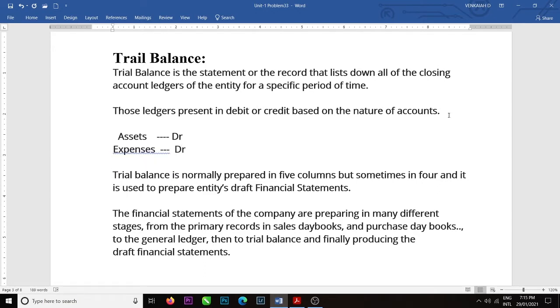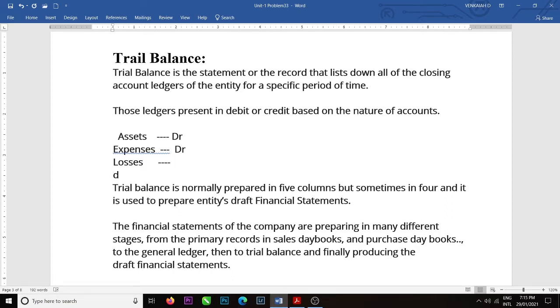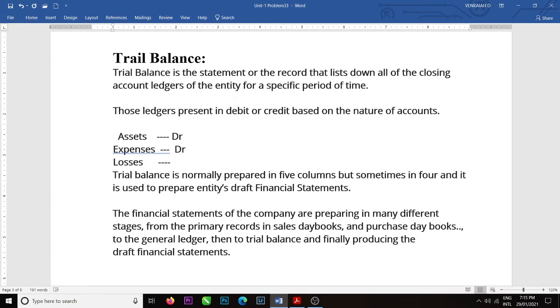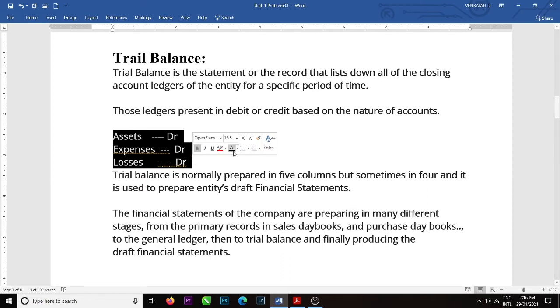Losses account balances are also debit. Assets balances are debit, I am telling. Ledger account balances are showing debit. Expenses balances are debit.